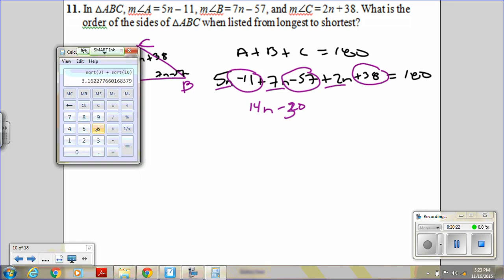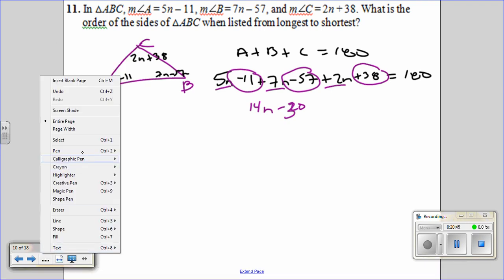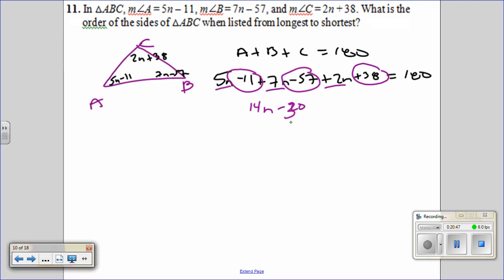Yeah, negative 30 equals 180. And now I need to add 30 to both sides.